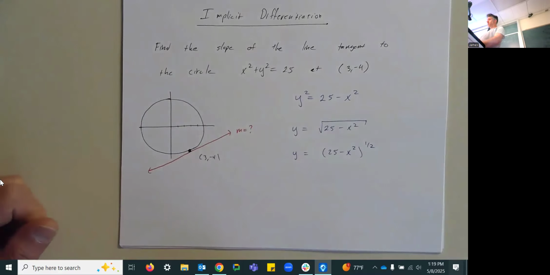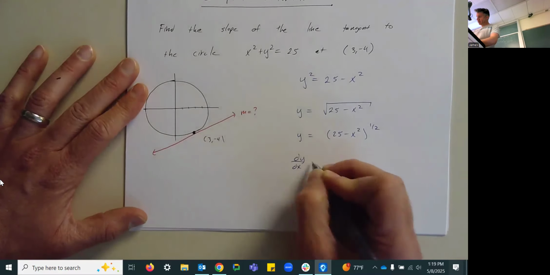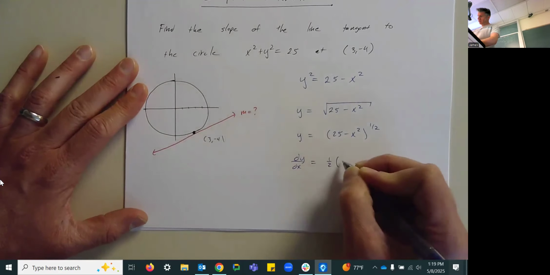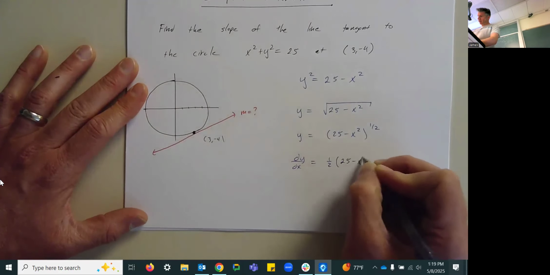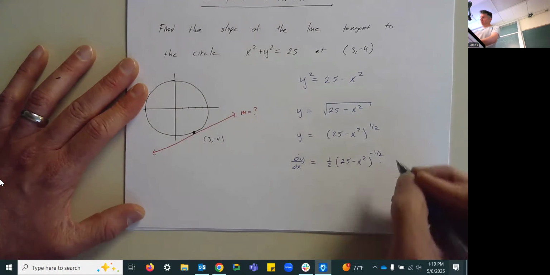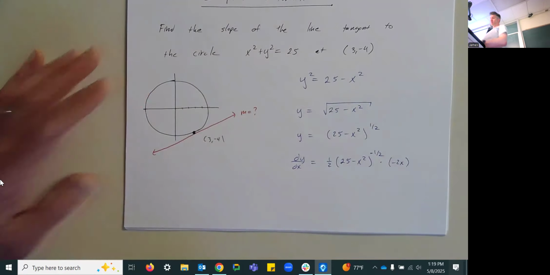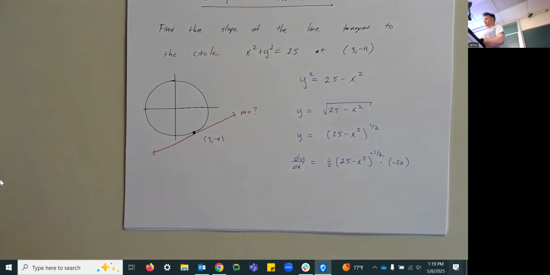Now we'll take the derivative to find the slope. My derivative here is going to be 1/2 times (25 minus x squared) to the -1/2 times the derivative of the inside, which is -2x. And I do think it's worthwhile to simplify this. The 2's cancel.